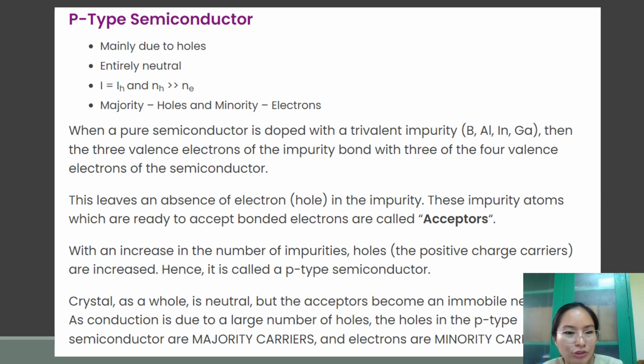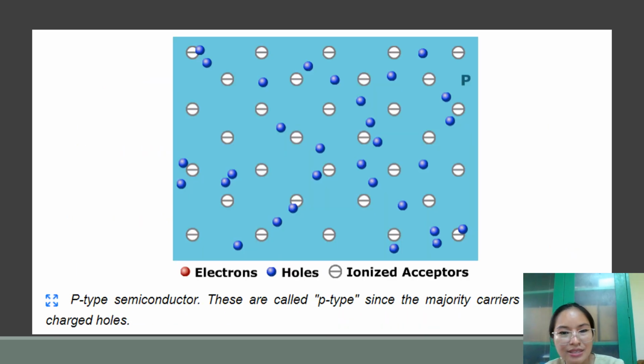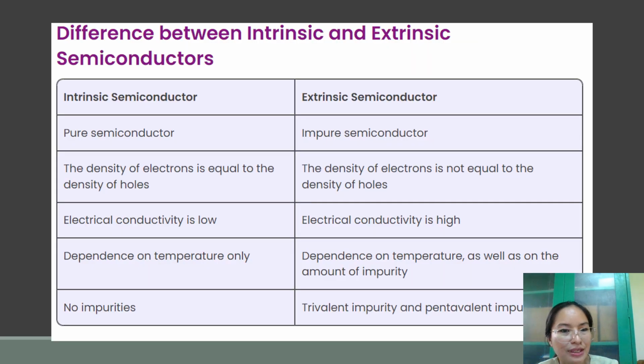These impurity atoms, which are ready to accept bonded electrons, are called acceptors. Now, with the increase in the number of impurities, holes or the positive charge are increased. So, more positive charge, that's why it's called a P-type semiconductor. Like here in the diagram, more holes, the color blue, over the electrons. That's why it's a positive type semiconductor.